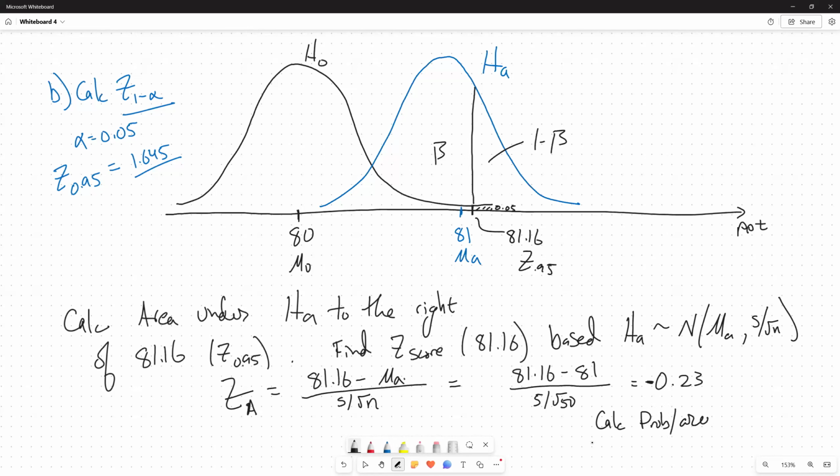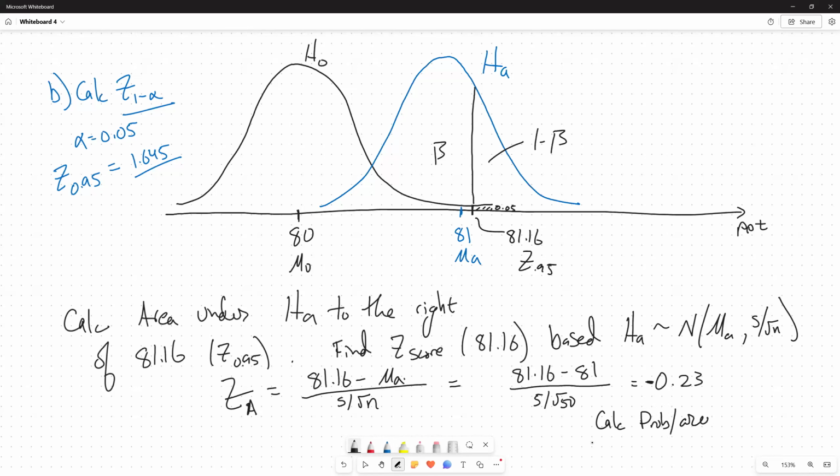So we want to calculate the complement of that. The area to the right of ZA is going to equal 1 minus that. So we're just taking the complement. We plug that value in, and we can look that up in our tables.